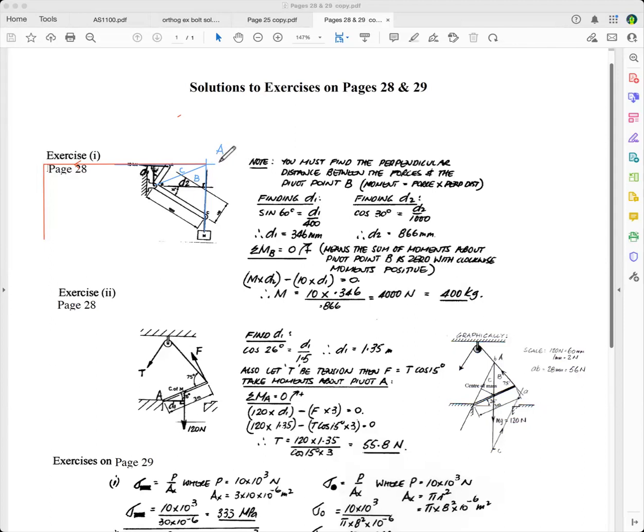So this force here is CA, and the next force that we draw in has got to be concurrent with this. So I'll just draw this in there. It goes through there.